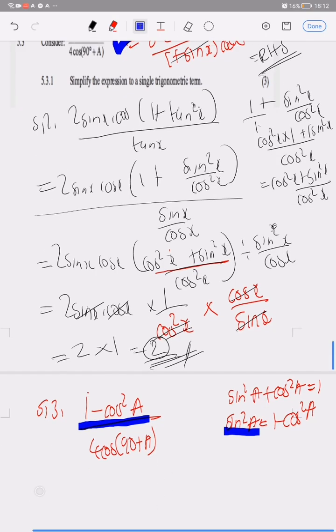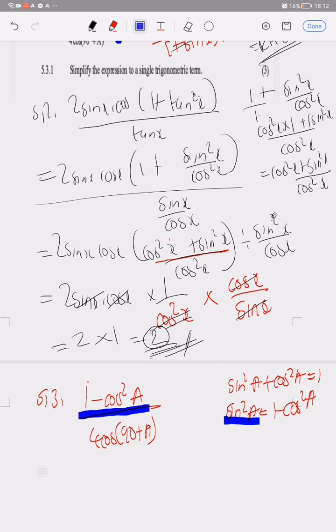So okay, how many marks? 3 marks. Remember, a change is a mark. So this becomes sine squared a over 4. Which quadrant is this one? 90 plus a. Which quadrant? Oh, this is in the second quadrant, right? Yes, second quadrant, and cos is negative, so it's going to be negative.